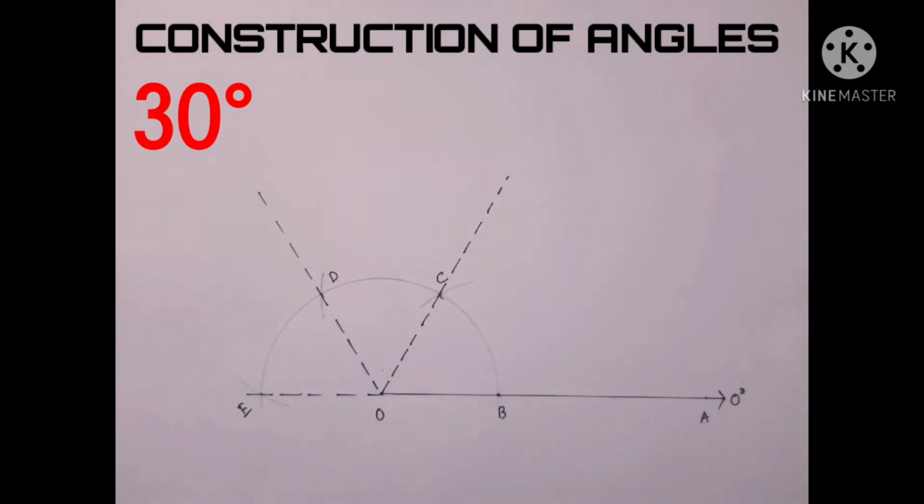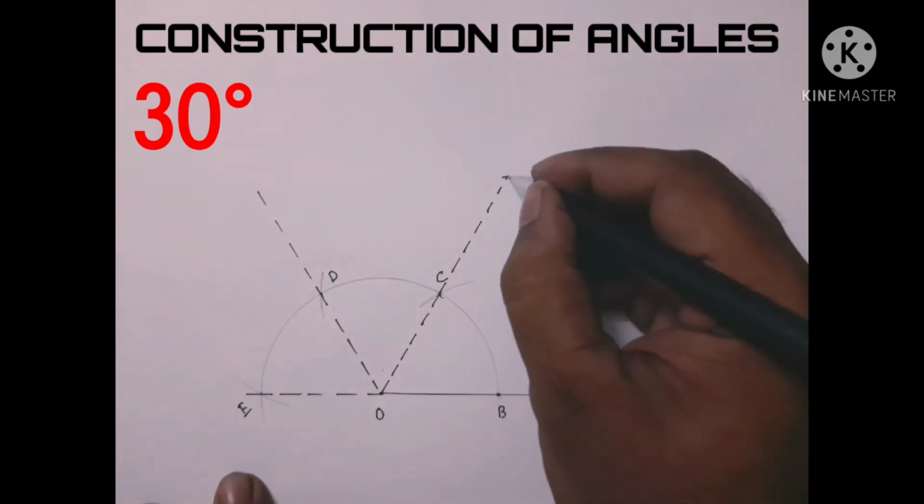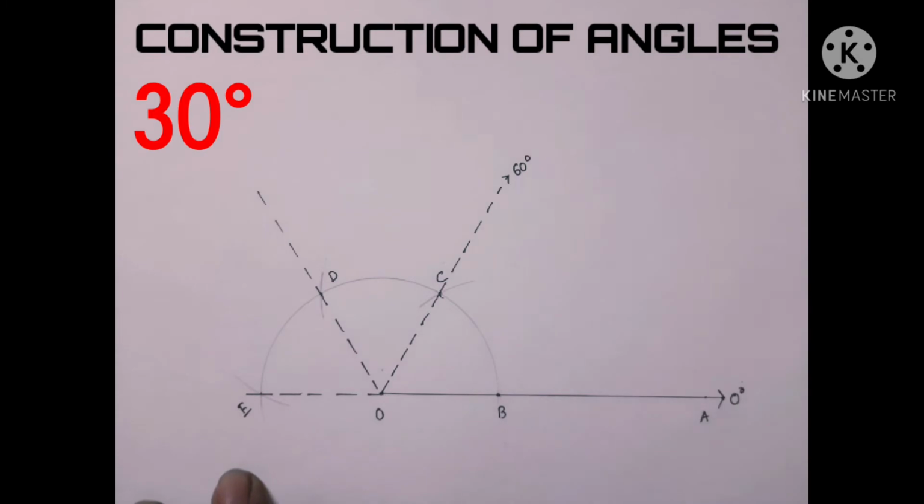So 60, 120 and 180. So first we will construct 30 degrees. To construct 30 degree, we have to bisect 0 and 60 degree. So if we bisect 0 and 60, we will get 30.